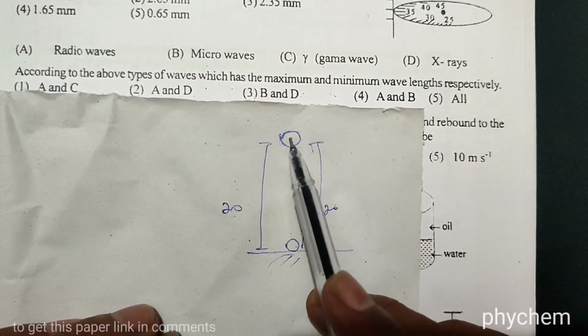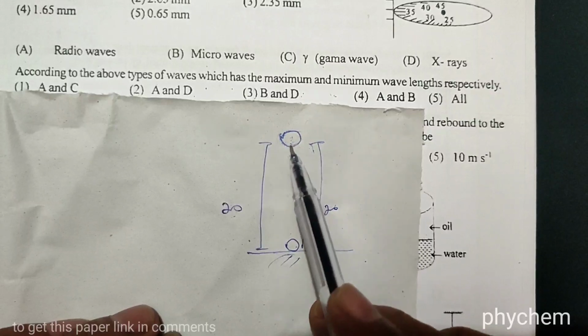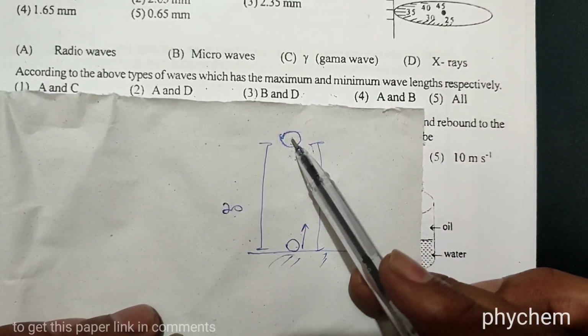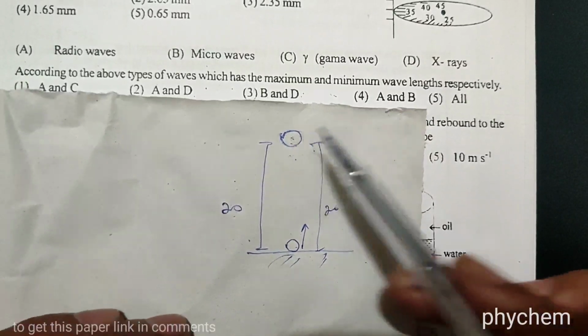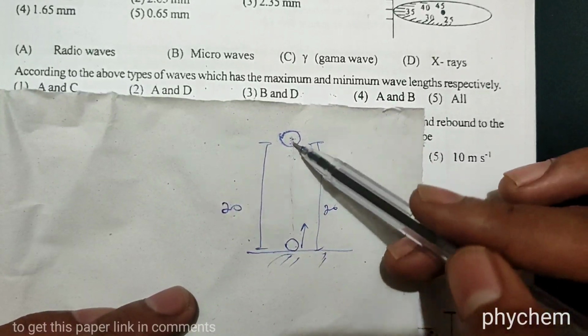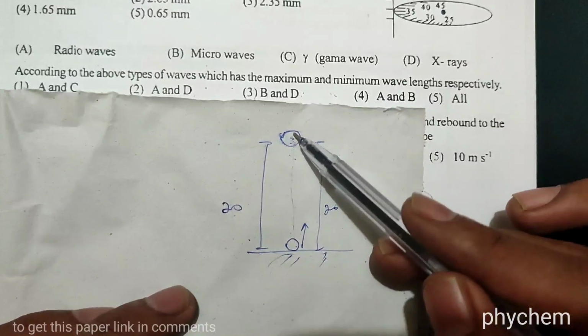That is why it has a higher initial velocity, and the higher initial velocity creates a higher kinetic energy. This higher kinetic energy and the potential energy together make the ball have a higher total energy. So when this ball comes downwards, it loses only the potential energy, but it still has this kinetic energy.